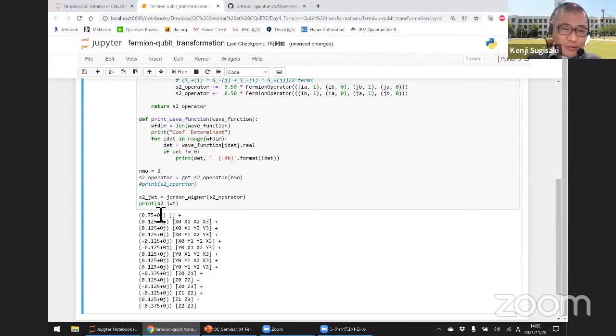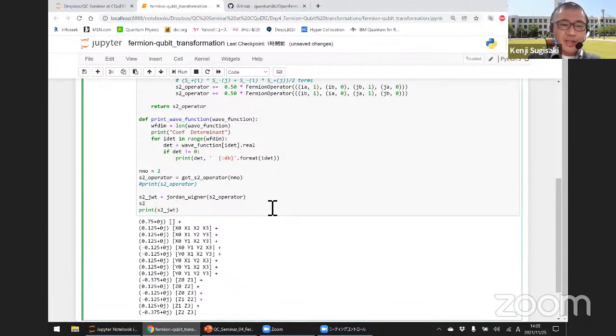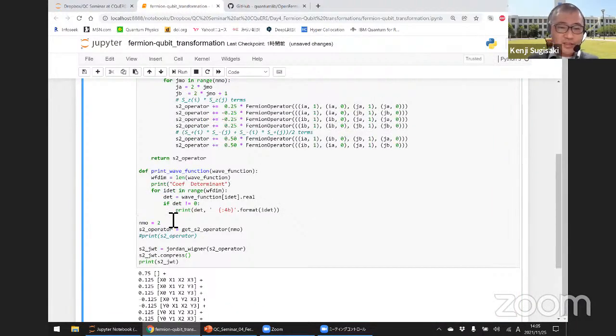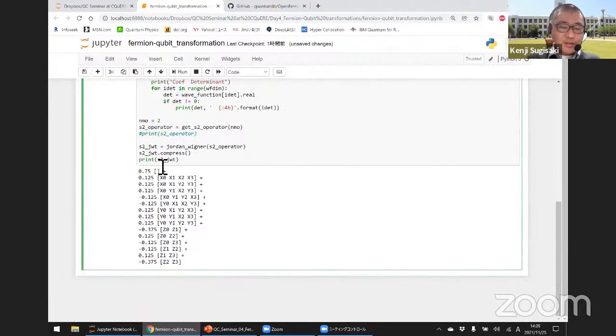But the coefficients have an imaginary part because of j, so to remove this imaginary part, we can apply a complex function.